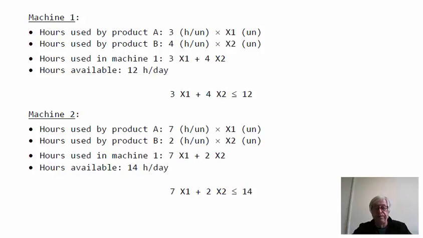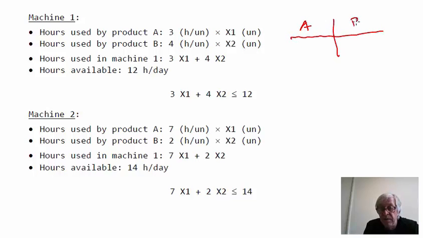Let's write the restrictions, and let's start with machine 1. We saw previously that the requirements to produce A and B in machine 1 were 3 hours for A and 4 hours for B. Now, the amount that we are going to produce of A is x1, and the amount that we are going to produce of B is x2.